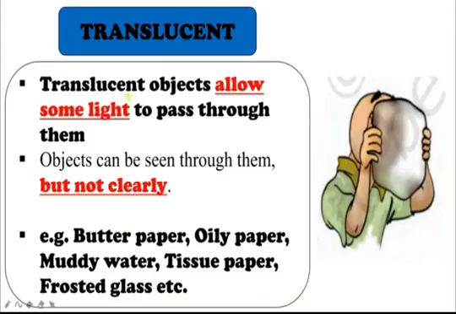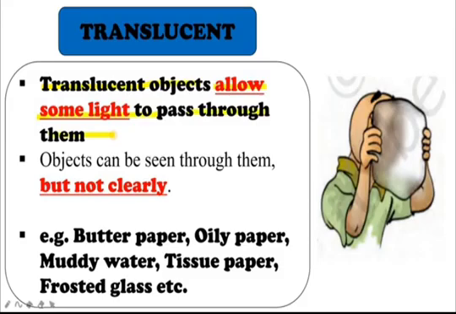And the second classification is translucent objects. Translucent objects allow some light to pass through them. They do not allow the full light to pass through the medium. The objects can be seen through them, but not clearly. We can see objects when we look from one side, but it is not clear.